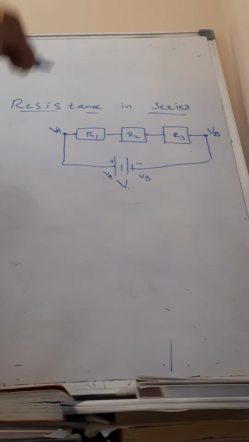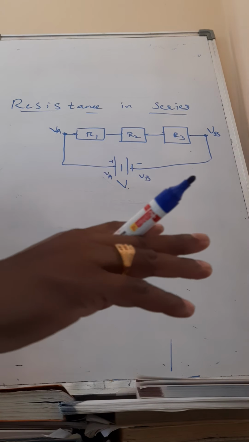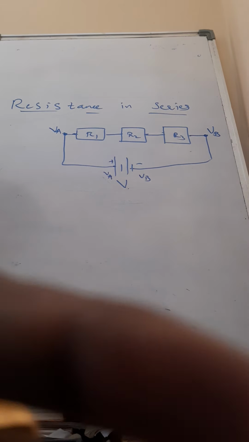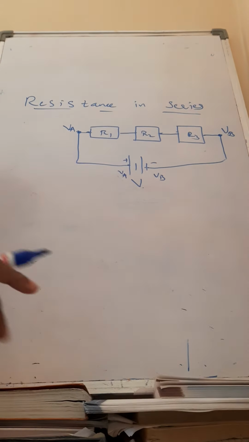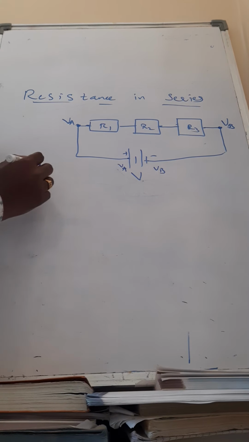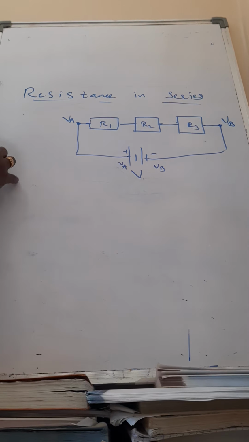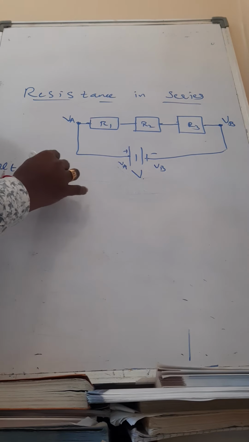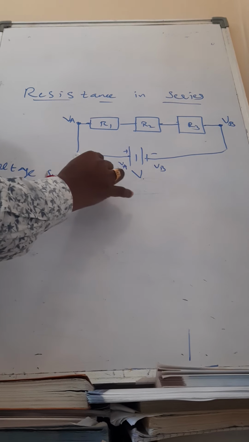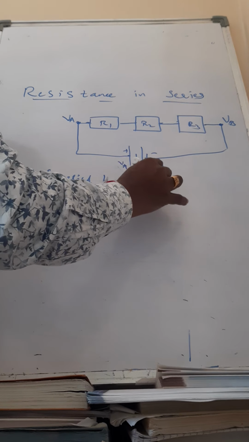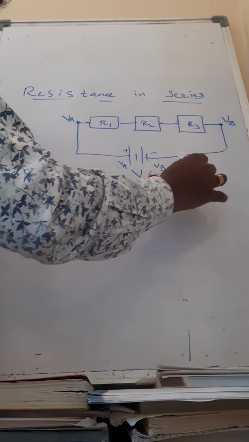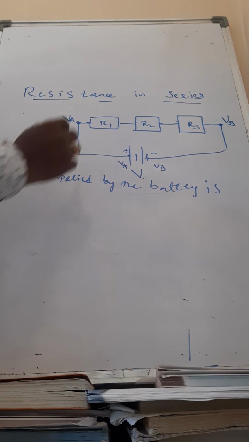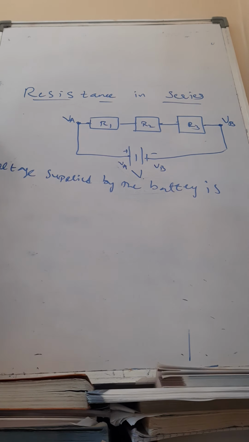Here you need to understand two conditions. The conditions are: the voltage supplied by the battery is divided across each resistance R1, R2 and R3.